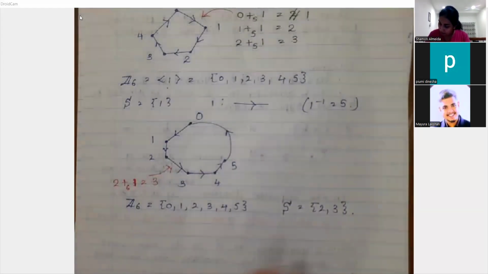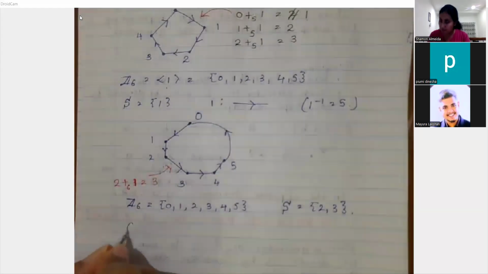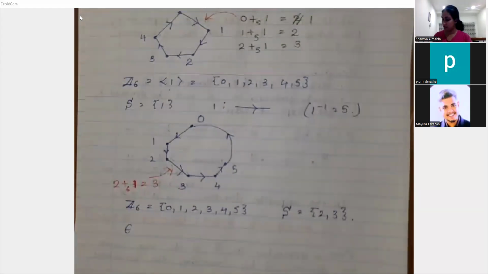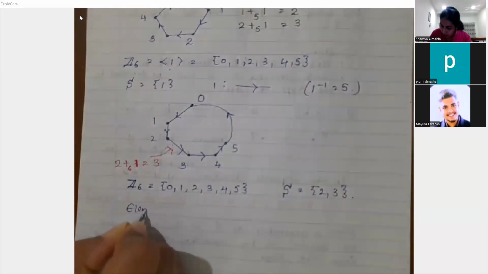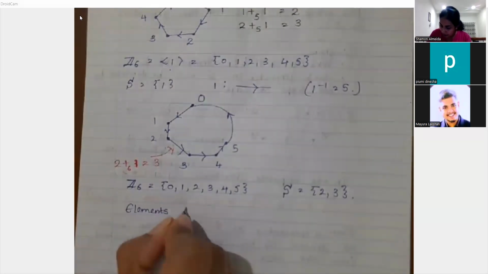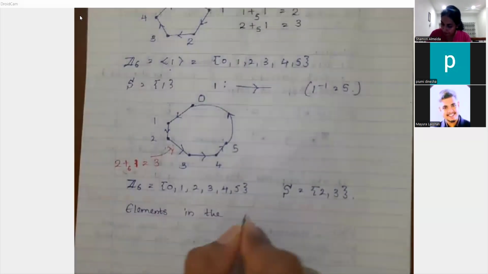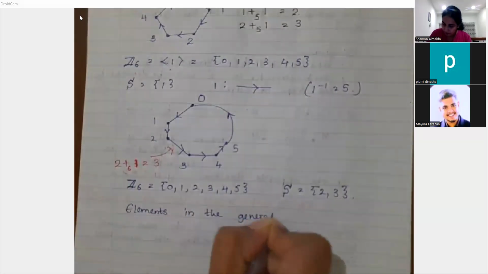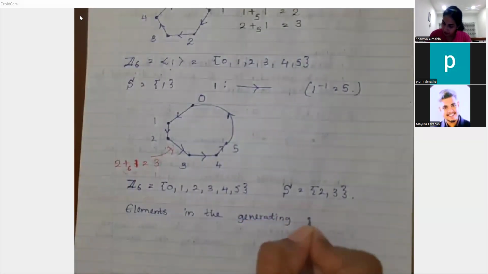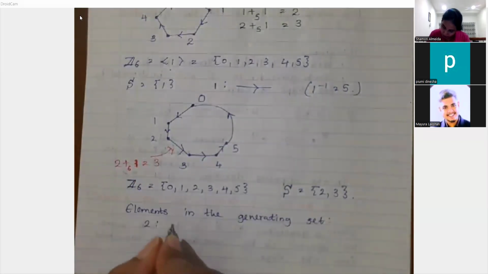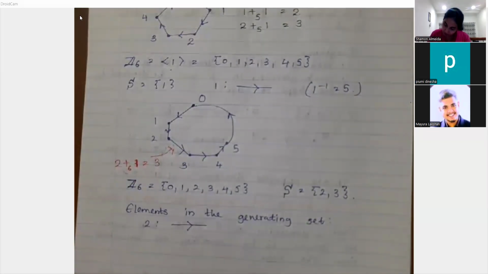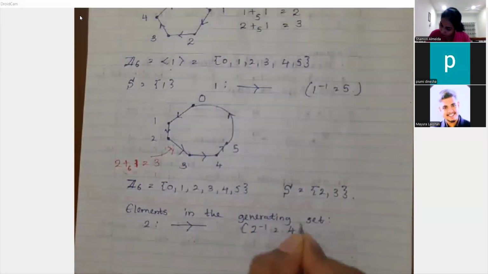So for these elements in the generating set, we have to consider some type of edge. For 2, I'll take the solid line. You have to give the arrowhead because the inverse of 2 is 4.